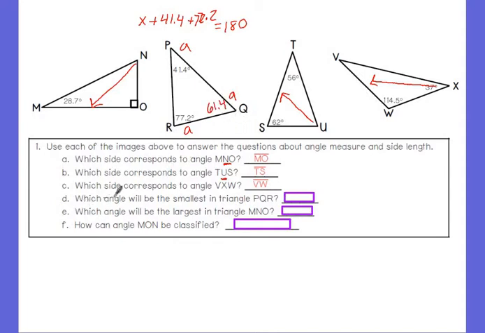The question asks which angle will be the smallest in this triangle. So it looks like angle P is going to be the smallest, so I could list it as angle P, or they have it listed here with three letters where P is in the middle, RPQ. Either way is correct.